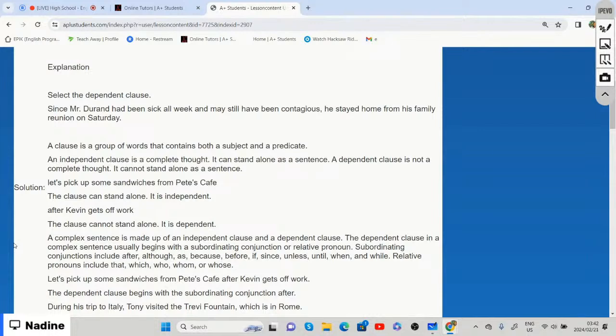Coordinating conjunctions are words such as and, but, or, so. And subordinating conjunctions include words like after, although, as, because, before, if, since, unless, until, when, while, right? Those are dependent clauses.